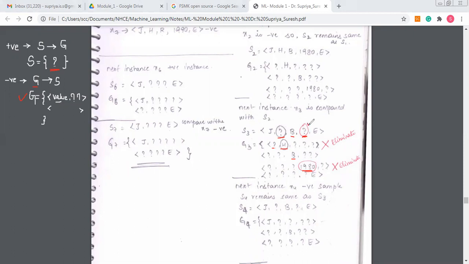My specific term is telling I'm acceptable to something, but here my generic term is telling no, I want it specific to be 1980, which is a contradictory statement. So I'm going to eliminate this, and the economy remains the same. After eliminating these two, I'll only have the blue and the E term remaining.